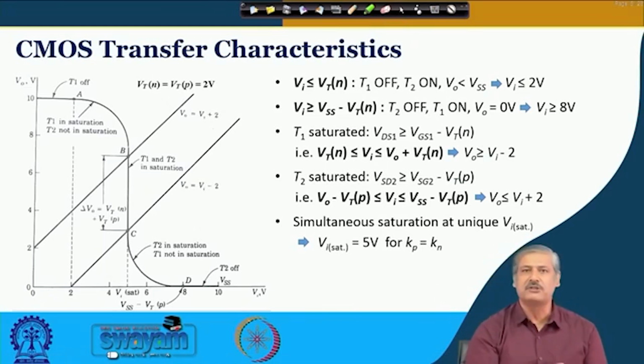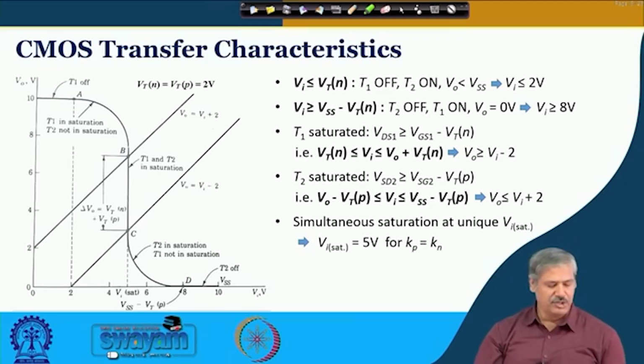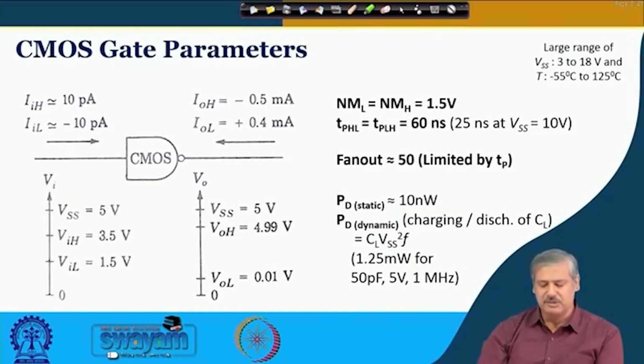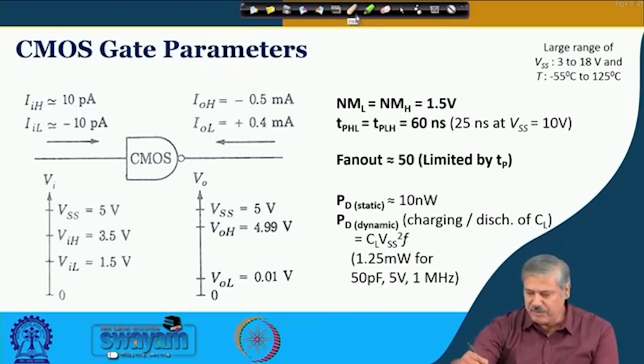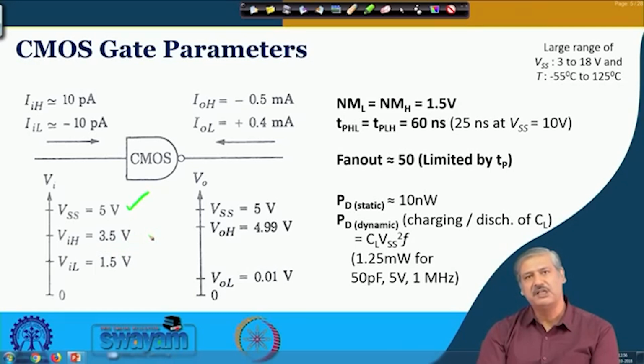You remember CMOS works over a very large range of supply voltages from 3 to 18 volt, compared to near about 5 volt for TTL based logic gates. So, one particular example for a 5 volt supply, the different kinds of parameters that you get. As I said, if the supply voltage is 5 volt, then the corresponding VIH is 3.5 volt, that is what is considered.